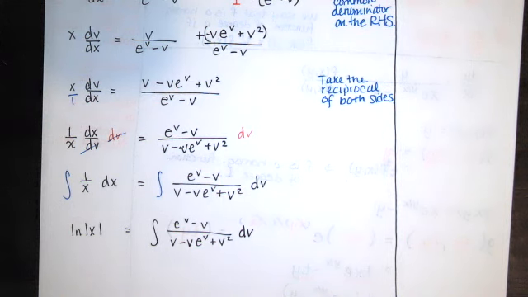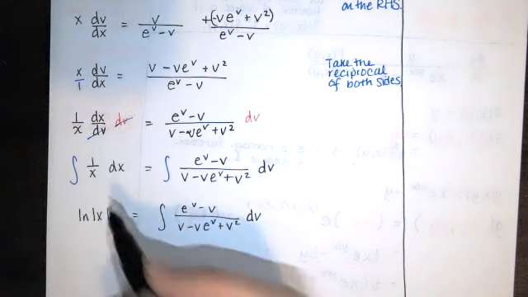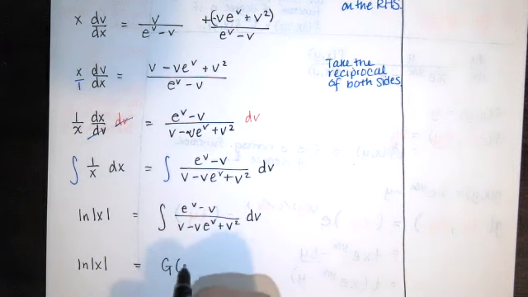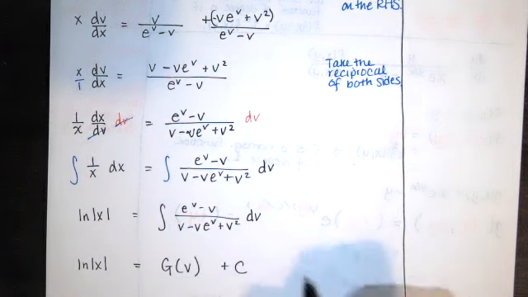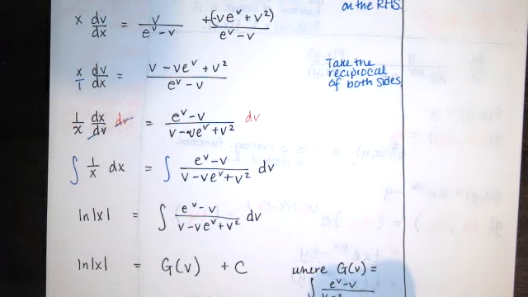Okay, so let's say that we could evaluate that. Then we would have a function of v over here equals this. So I'm just going to write this for right now. So I'll say g of v plus c, where g of v is that antiderivative, provided it exists.